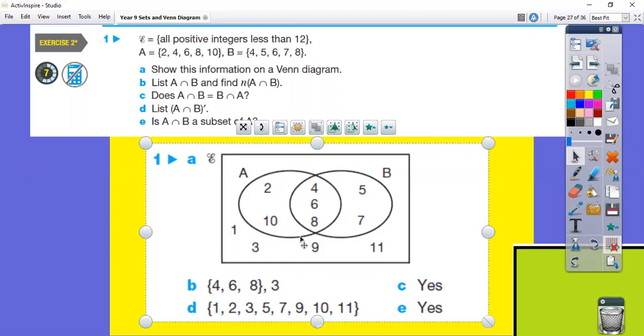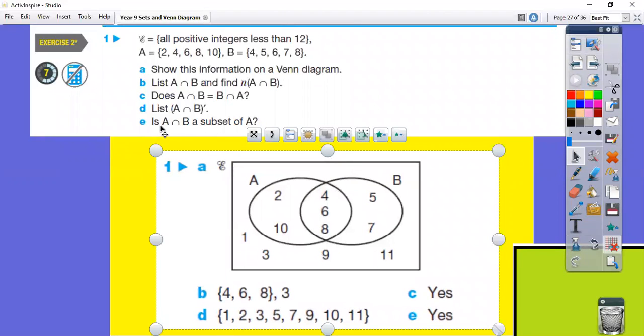So that's basically all the elements that are not in the intersection. So that's your 1, 3, 2, 10, 9, 5, 7, 11. And part E, the question is, is A intersect B a subset of A? And the answer is yes.